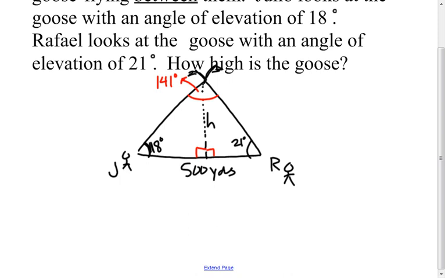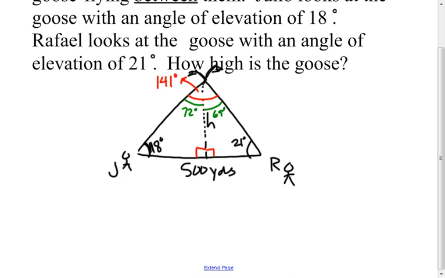You can also fill in the little angles. 180 minus 90 minus 18 makes this angle be 72, and 180 minus 90 minus 21 makes this angle be 69. And 72 plus 69 adds up to 141.